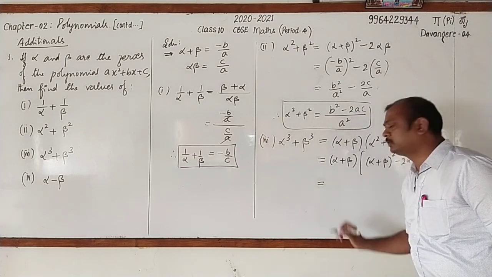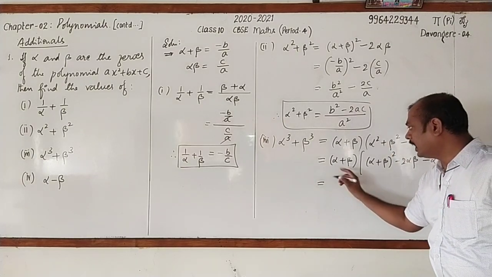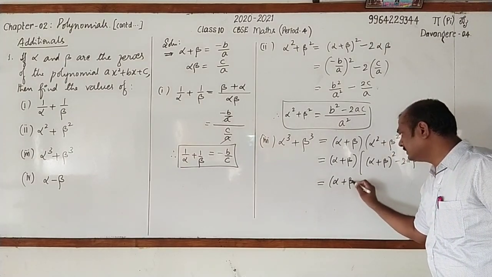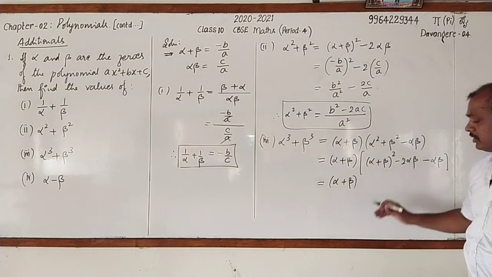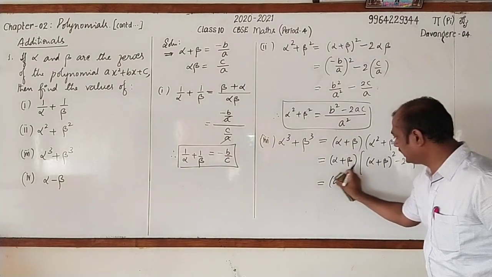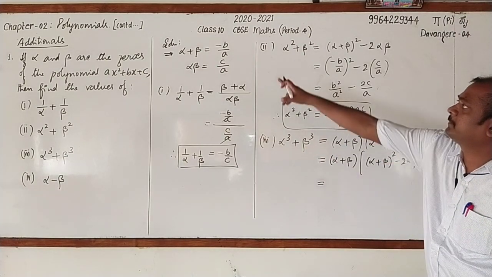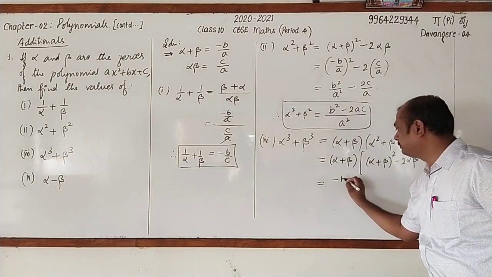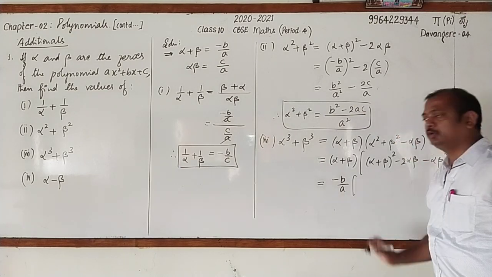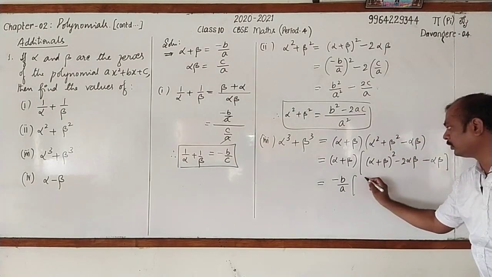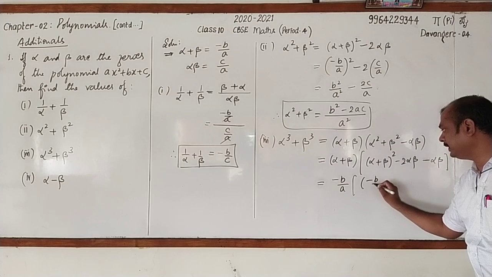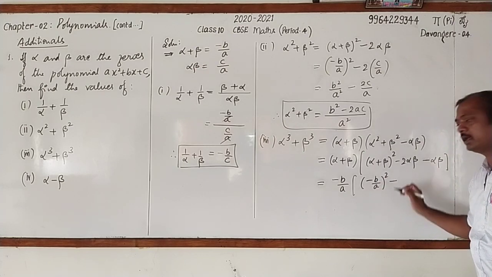Now this is equal to alpha plus beta as it is, or else I'll go for taking substitution directly because it will be easier. What is alpha plus beta? It is minus b by a into alpha plus beta whole square, minus b by a whole square.